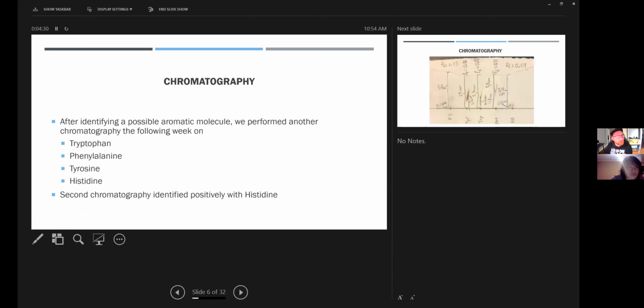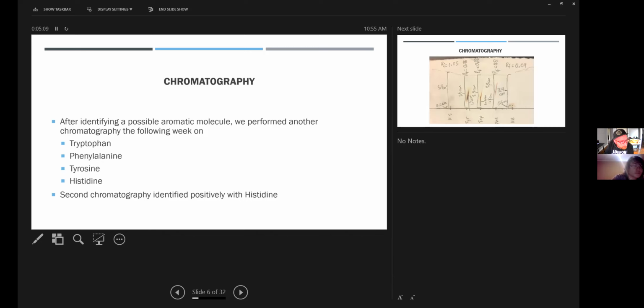With those peaks identified, especially the aromatic ones, we knew we could break down and focus on specific aminos to look at. Based off of those results, we performed more chromatography the following week after getting the NMR back. What we essentially did is start to test aminos with aromatic rings in them.